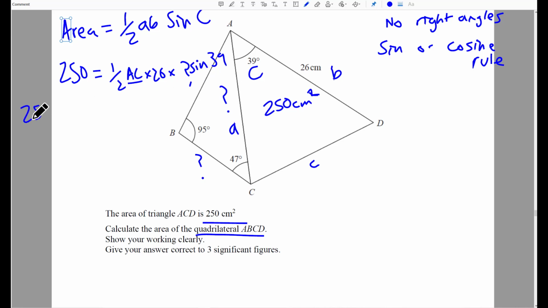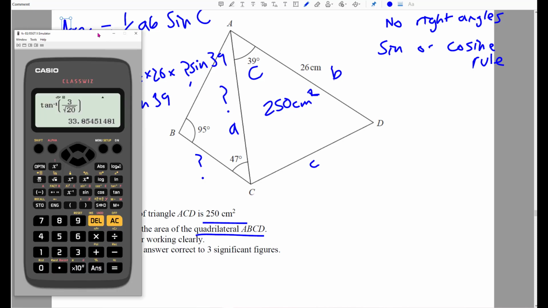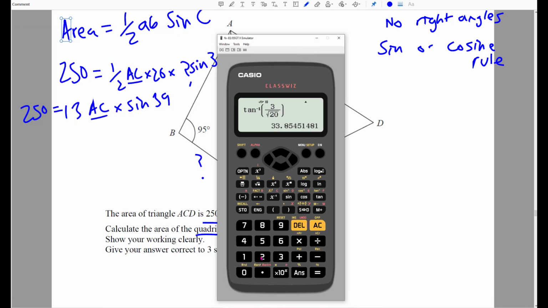Okay, so let's write this here, 250 equals, let's just simplify that, half times 26, 13 AC, times sine 39. So you should know what to do, right? Multiply 13 by sine 39 and divide it by 250. Just going to do it one by one, 250 divided by 13 equals this.